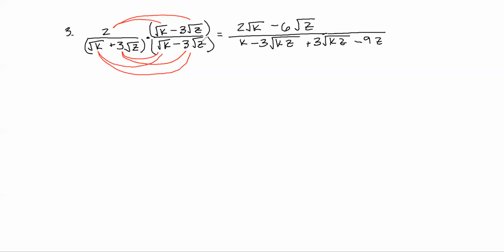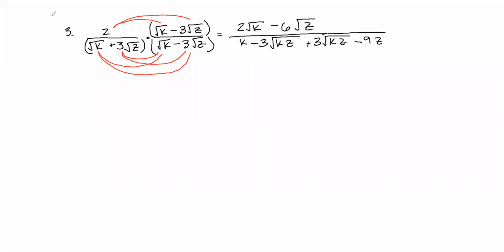Kind of like if we had 3x squared times negative 3x cubed, you think of these as coefficient times coefficient, and then you look at the x's, kind of like combining the like parts of the terms. Same thing here, you look at the coefficients and then look at the radicals.